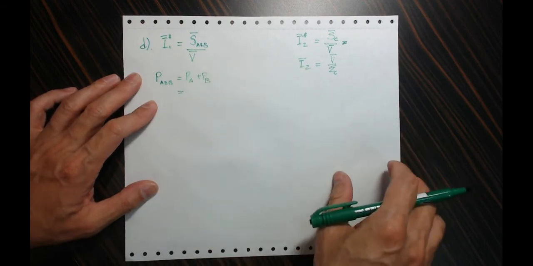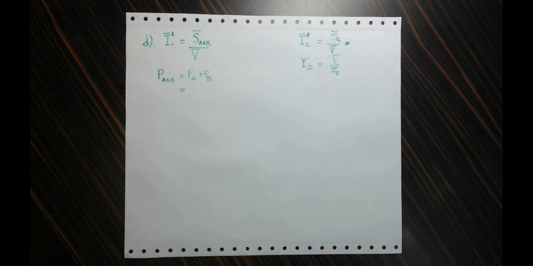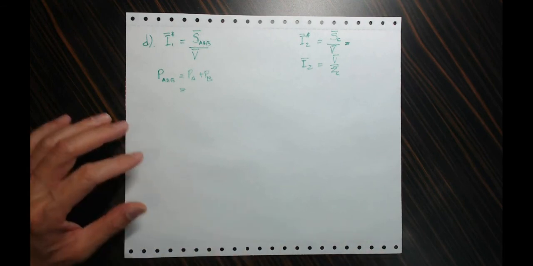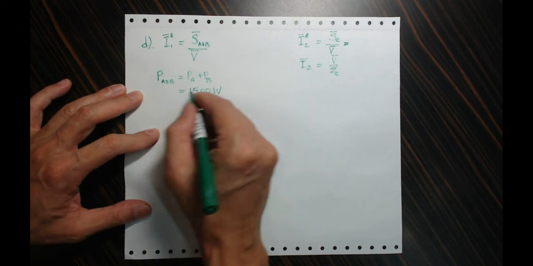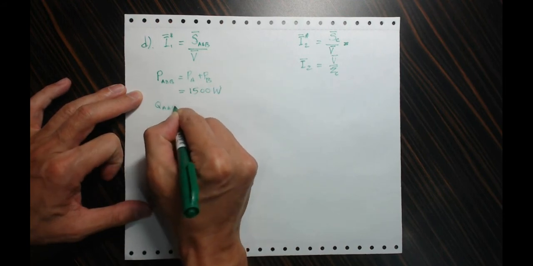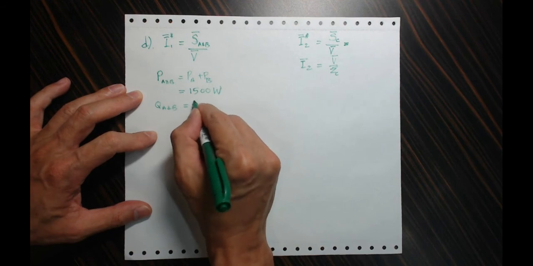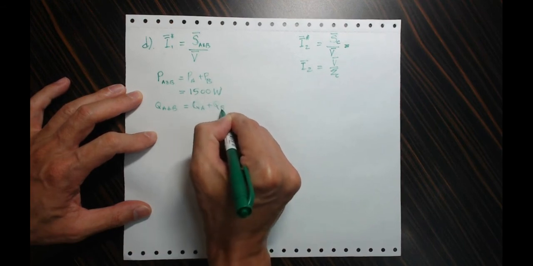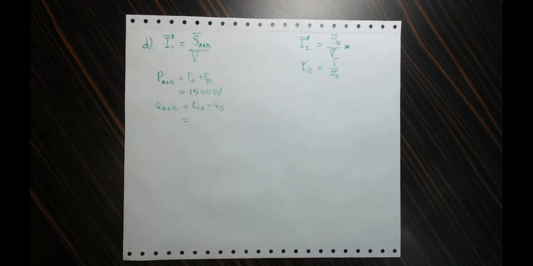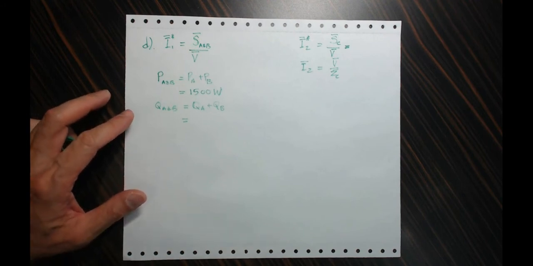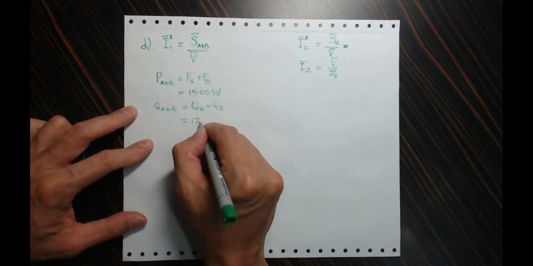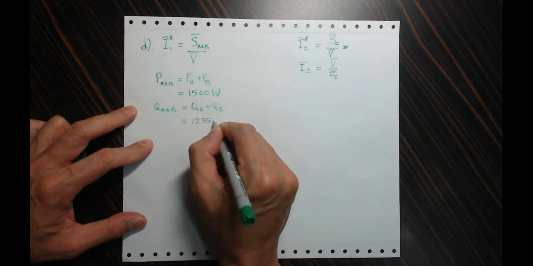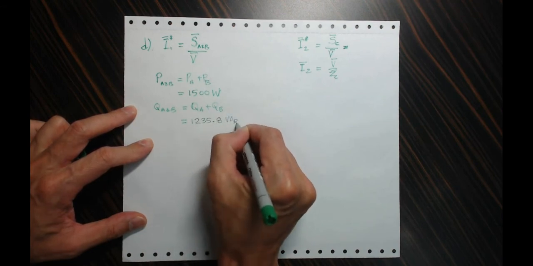From the earlier calculation, that gives me 1500 watt. And QA and B is QA plus QB, basically 435.8 plus 800. That is 1235.8 VAR.